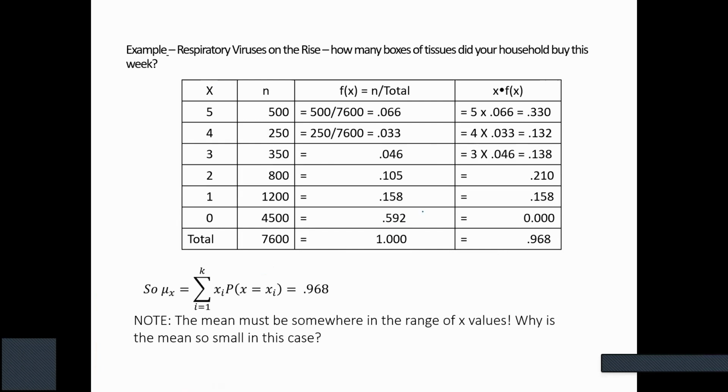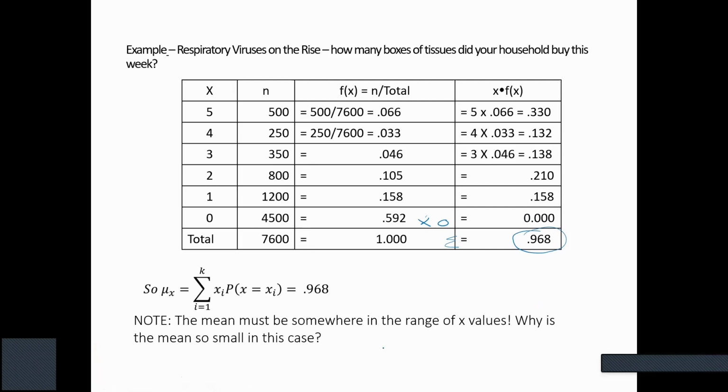But when we multiply that by 0, we still get 0, okay? Then we add all of those, so we get the total sum, and we get 0.968. So the mean is 0.968.